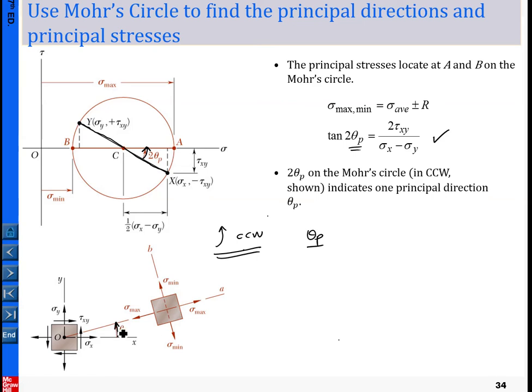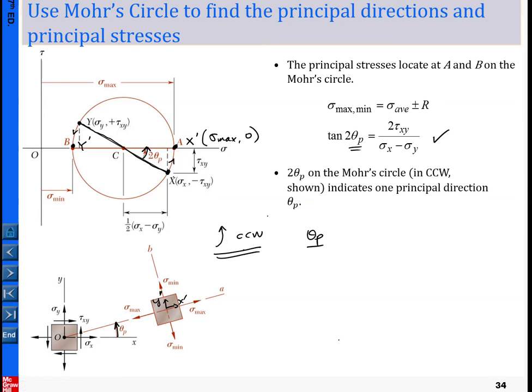Now once you have drawn this, this is the element, so this is x, and when you rotate, the x point moves to, let me call it x prime, and the y point moves to this point, let me call it y prime. So from here, this is our x-axis, this is our x prime axis, and this is our y prime axis. So x prime represents the point here, the maximum.